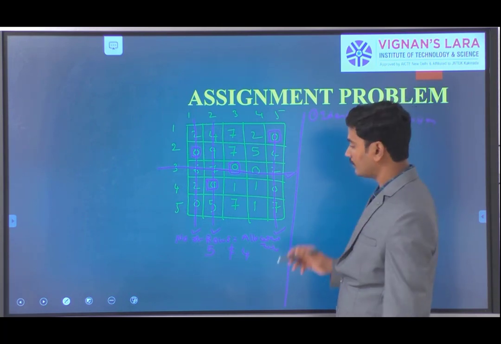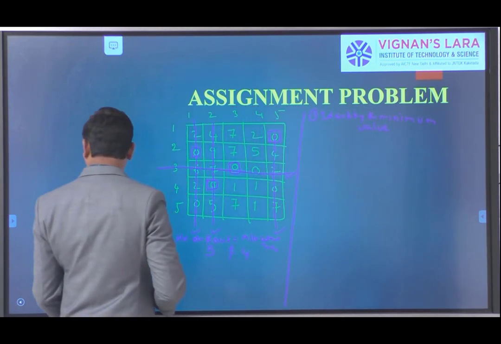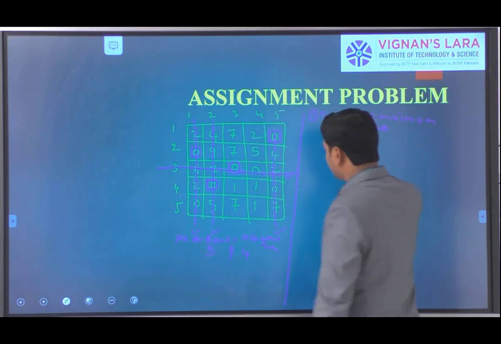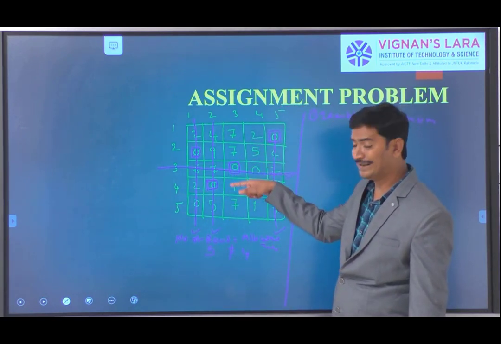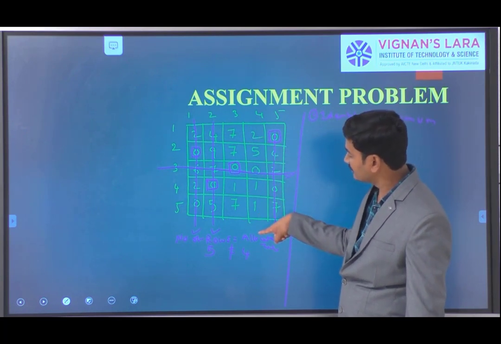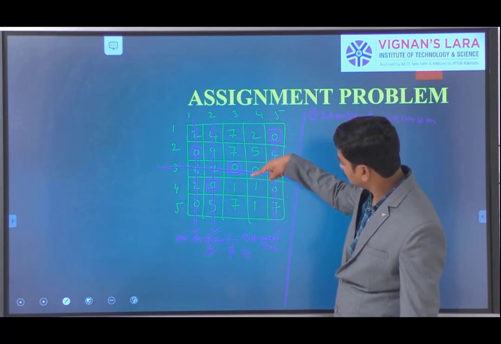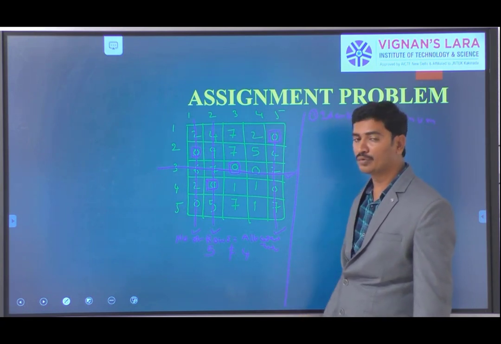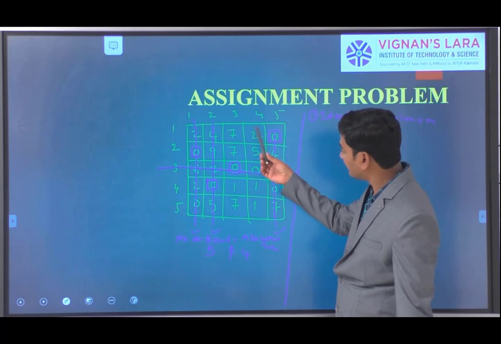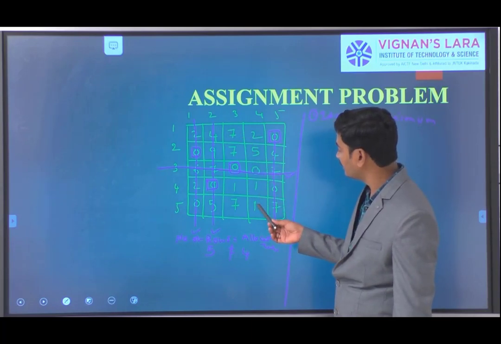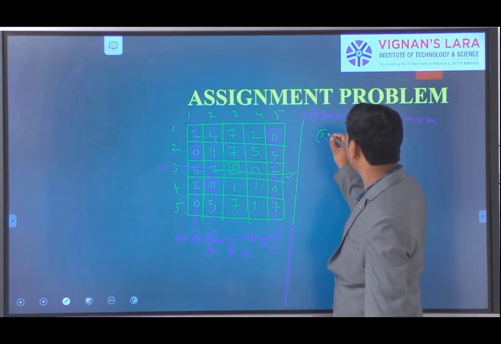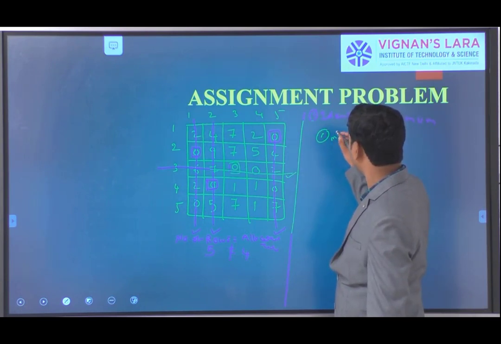The minimum value is taken from the unticked rows and columns. Here two unticked columns and 4 unticked rows are there. From these, 72, 75, 11, 71 are there. From this, the minimum value is 1.